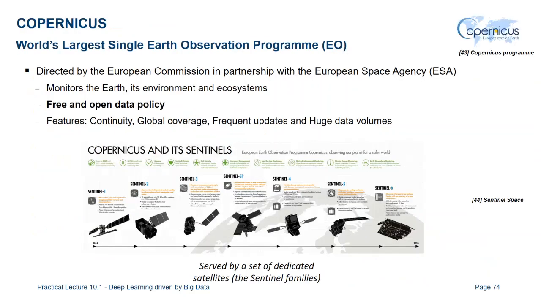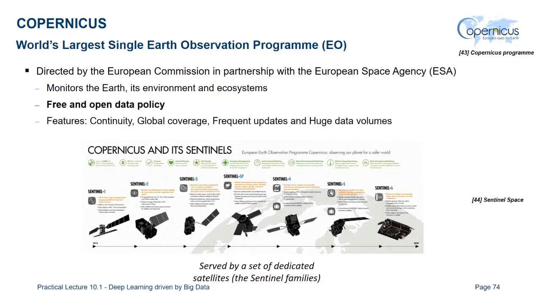So in Europe, we have Copernicus, which is the world's largest single Earth observation program, which uses a free and open data policy, which means that the data are free. You have a large family of satellites, the Sentinel family, where each satellite mounts a particular sensor, designed to record a particular type of information.